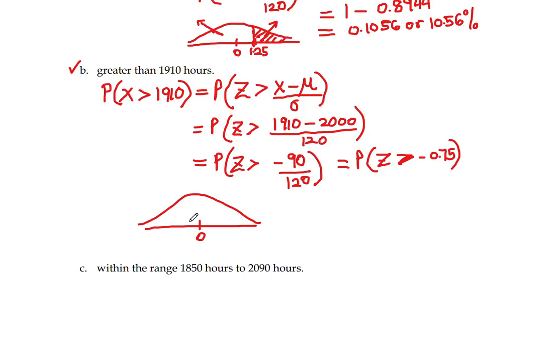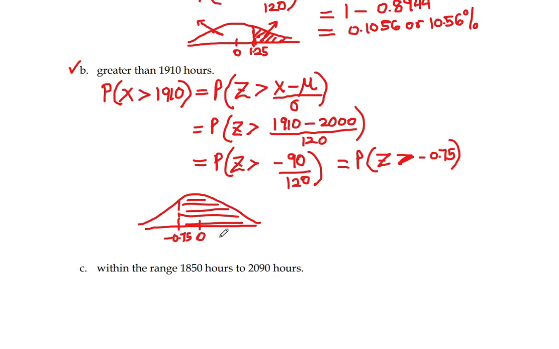Now the areas to the left of 0 will be negative, so negative 0.75 would be about here. And we go up from negative 0.75, and we need the area greater than. Greater than is always going to be to the right, so we'll shade the area to the right of negative 0.75. So that's the area that we are interested in.